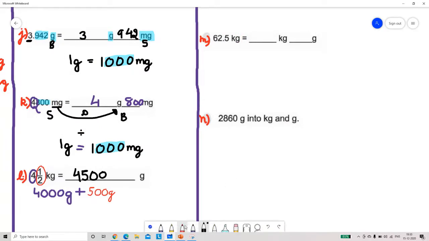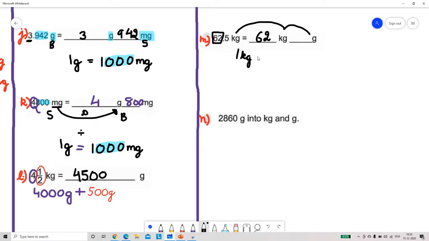Now in M part it is saying that we have to convert from kilogram to gram and kilogram to kilogram and gram. So we know that the complete number, the whole part is 62. So it is 62 kilograms. And now we have to see how many grams are there. The very first thing we need to write is how many grams are there in 1 kilogram.